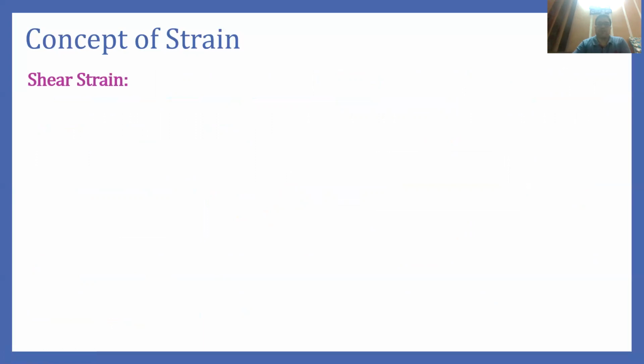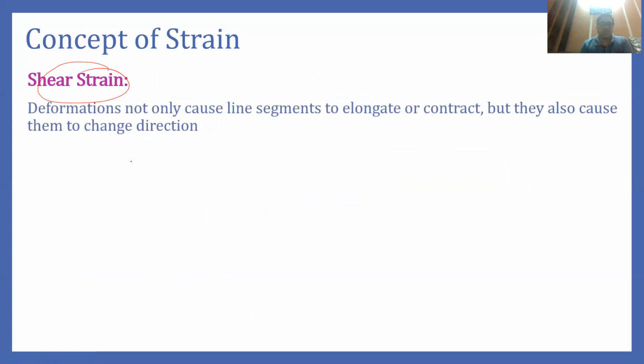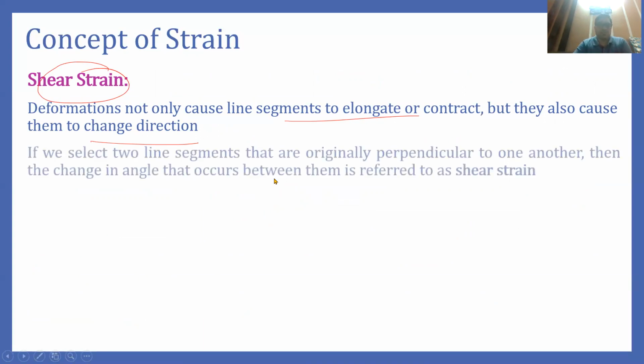Similarly, if we want to find the deformation due to shear stress, we can find that with the help of the parameter shear strain. Deformation not only causes line segments to elongate or contract, but also causes them to change direction, which we have seen in the last-to-last slide. To understand this direction change, we can again take an example.